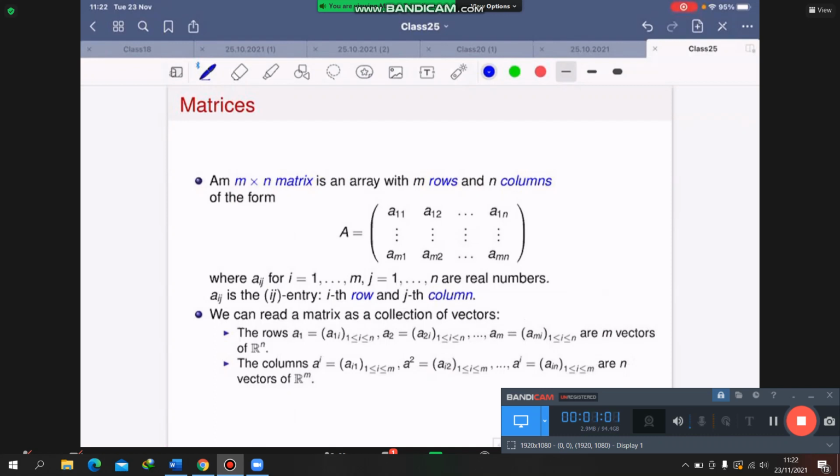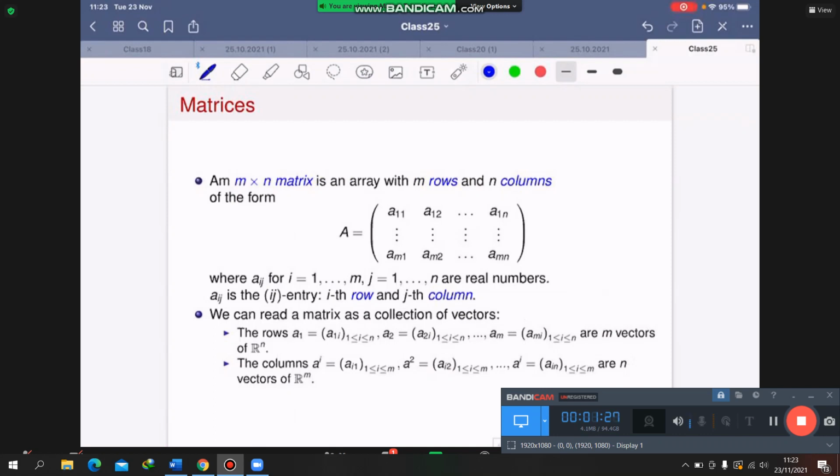And obviously, we can read the rows as a vector. It's the way I introduced you to a matrix to represent a linear system. But also the columns are vectors.